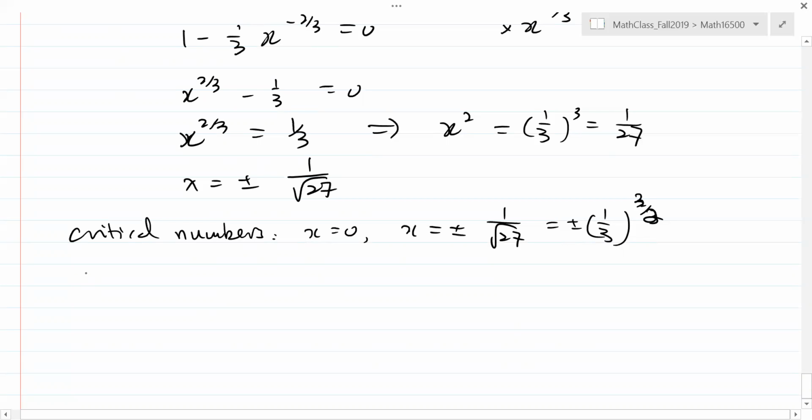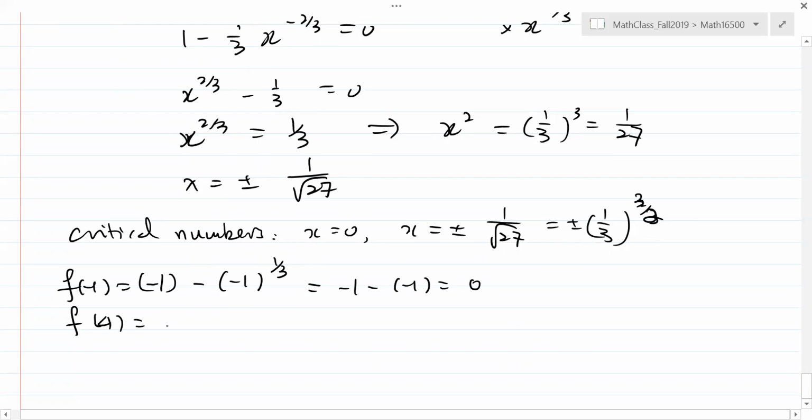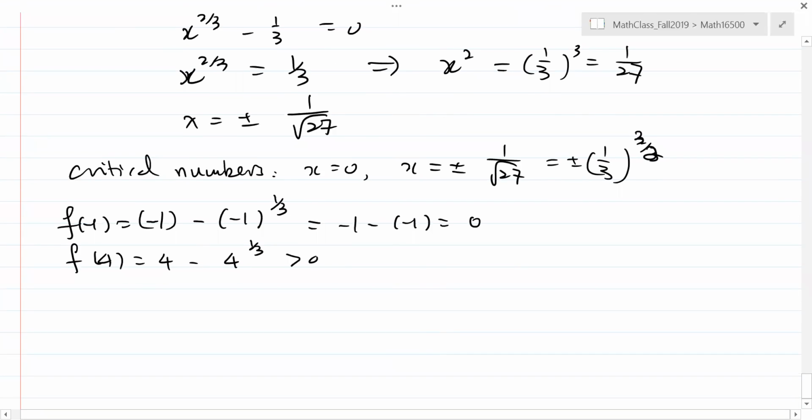So we look at the endpoints. f of -1 is going to be -1 minus (-1) to the 1/3, which is going to be 0. Another endpoint, 4 minus 4 to the 1/3. I think this is a greater number. It's greater than 0, a positive number.